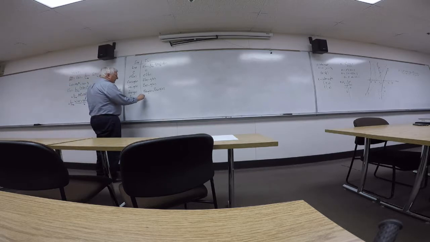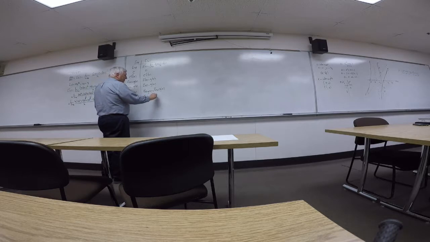There we get the derivative of the numerator times the denominator, subtract the numerator times the derivative of the denominator, divided by the square of the denominator.